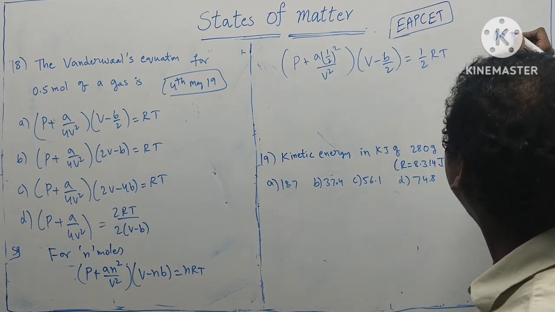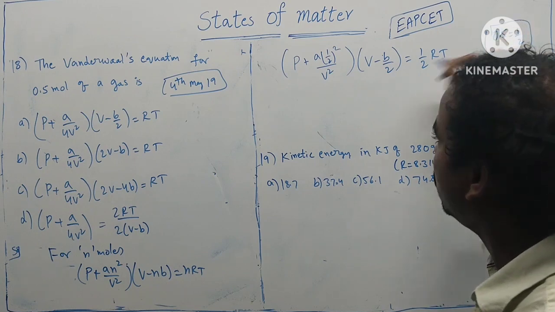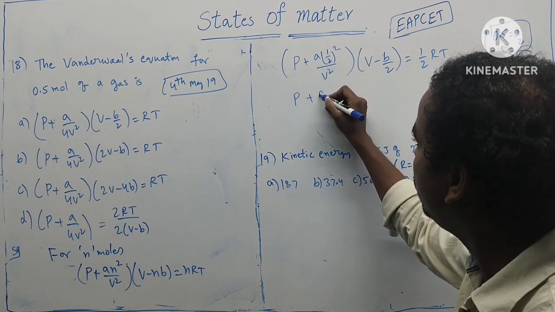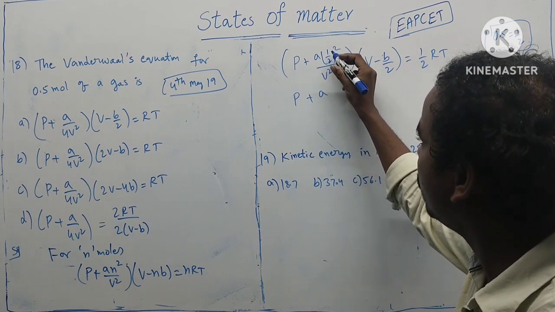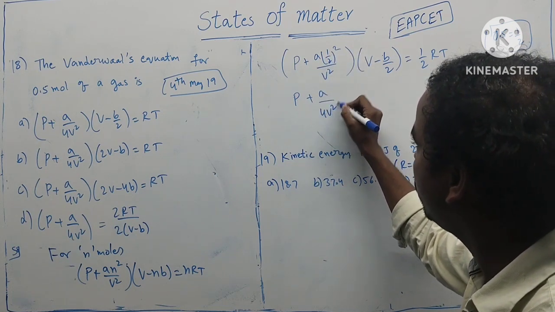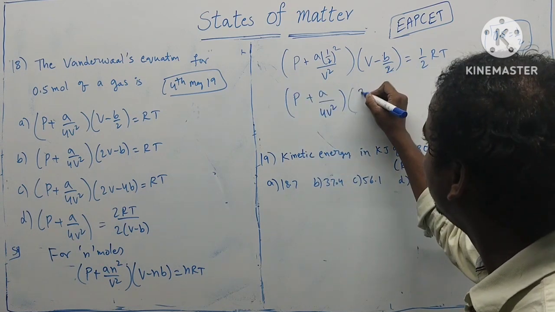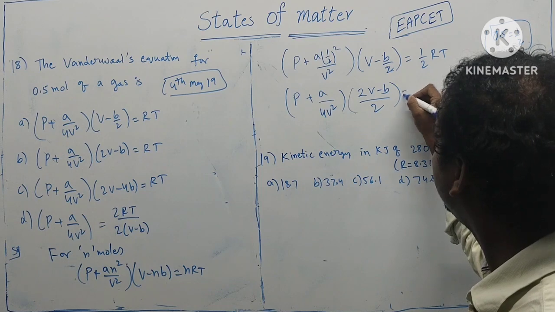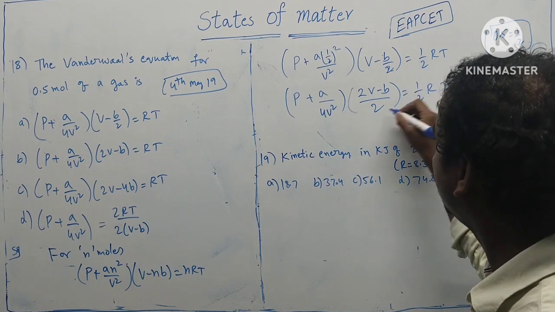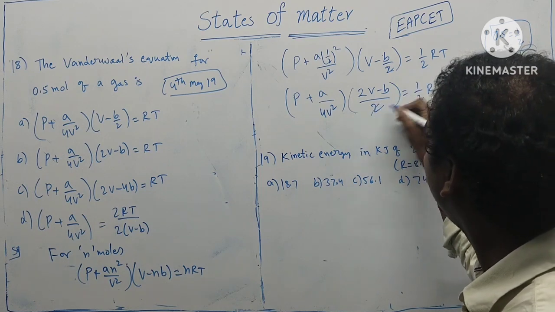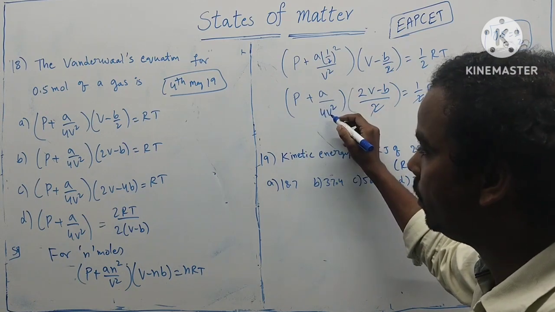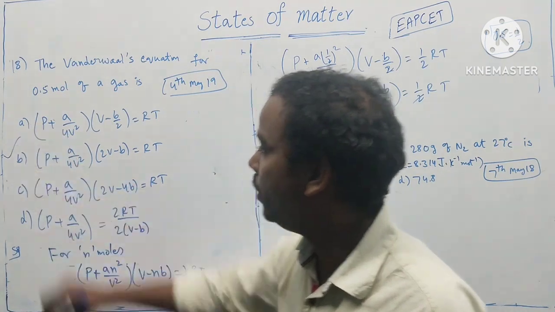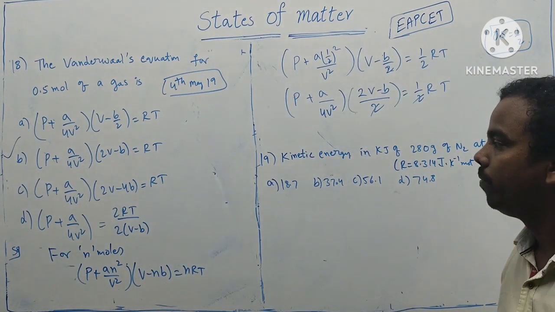So P plus a by 4V square, into (V minus b by 2), equals 1 by 2 RT. The 2 cancel, so P plus a by 4V square into (2V minus b) equals RT.